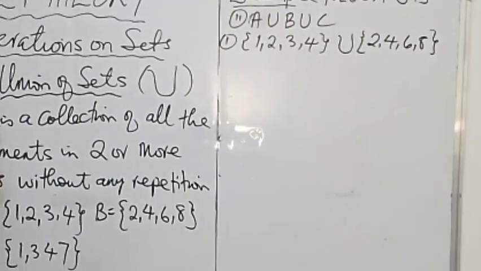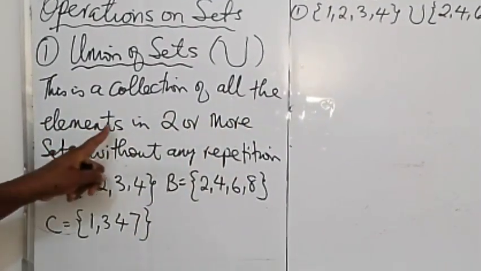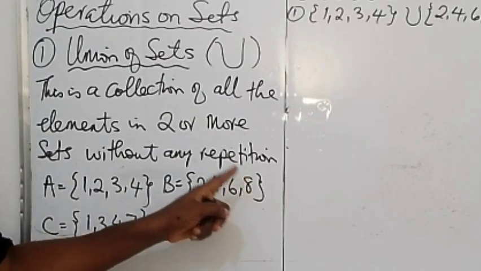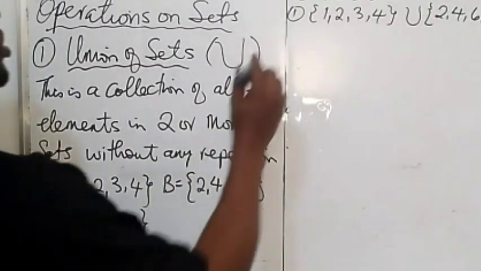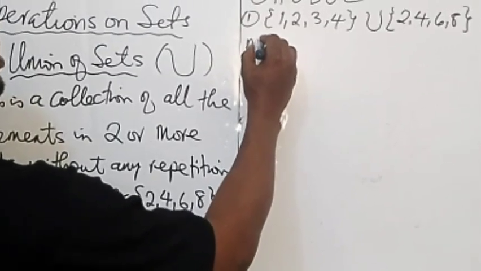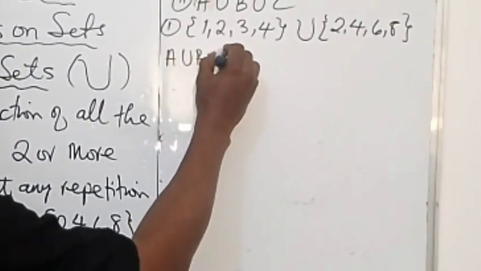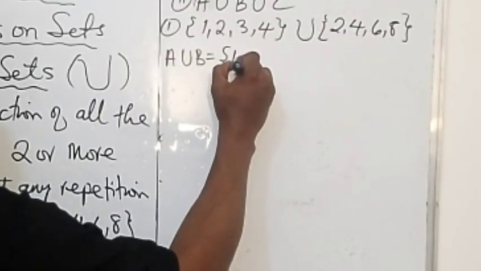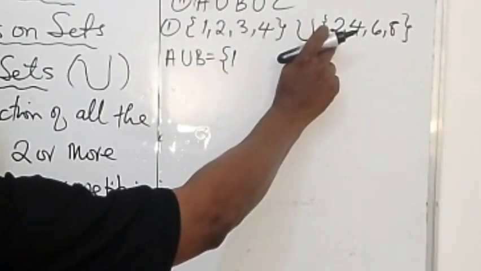Now, we said that this is a collection of all the elements in two or more sets without any repetition. So let's look at this. Our A union B will be a set. 1 is here, 1 is not here, so 1 is there. 2 is here and 2 is here.